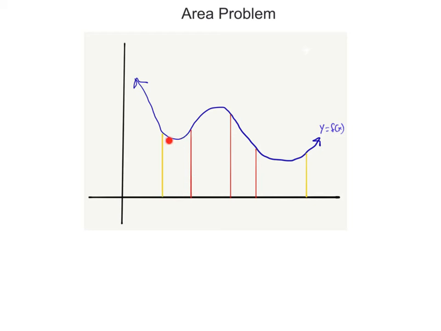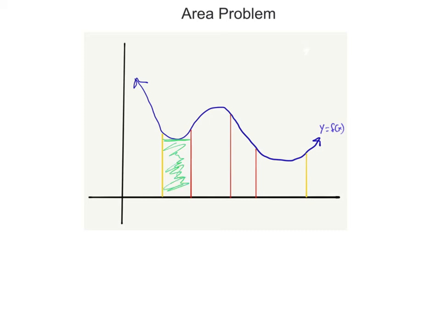I can make the rectangle wherever I want. I can say I'm going to use this for my top, so this is the rectangle I'm going to use to calculate that.